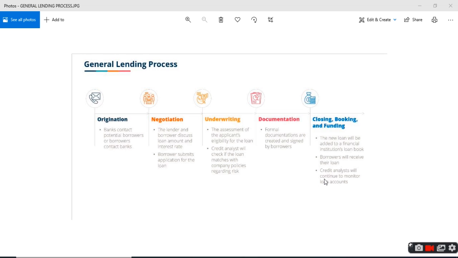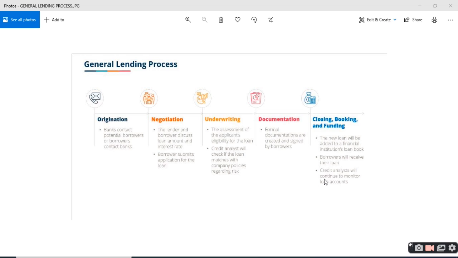And after the underwriting process, the next process is what we call documentation. At the level of the documentation process, documents are prepared for the borrower to sign, incorporating all the necessary supporting documents as per the requirements of the bank, the ID cards, and any other documentation, or maybe an employment contract or things like that, depending on the situation or the requirements of the bank.